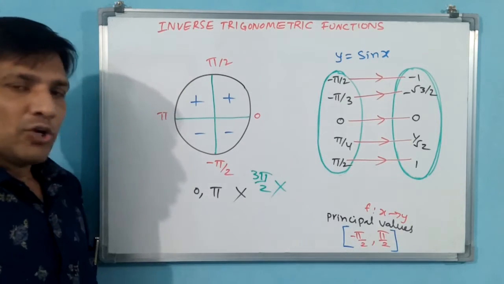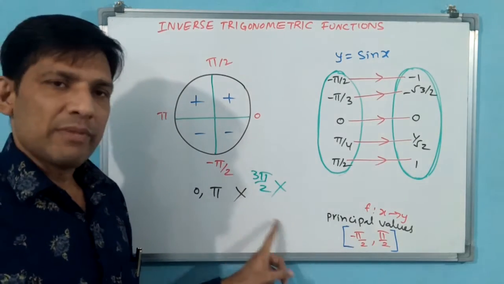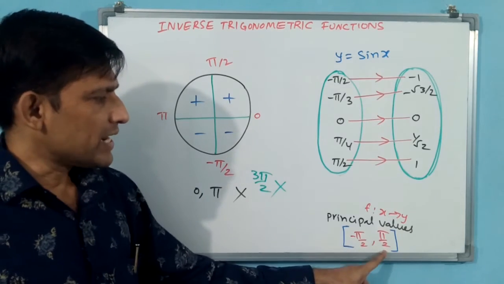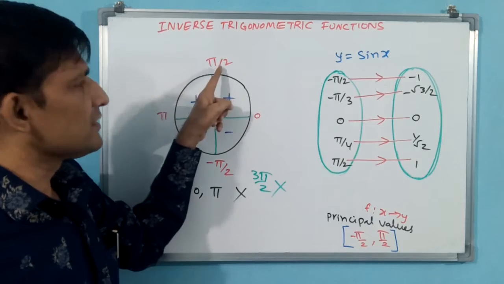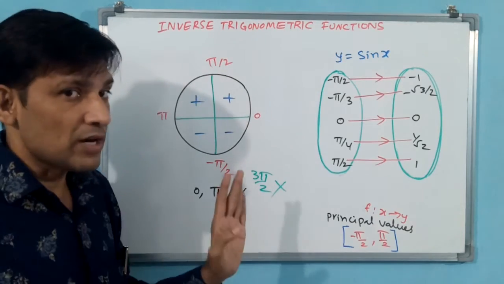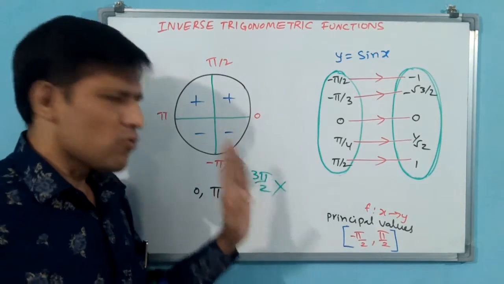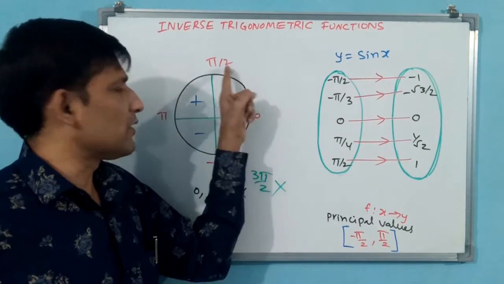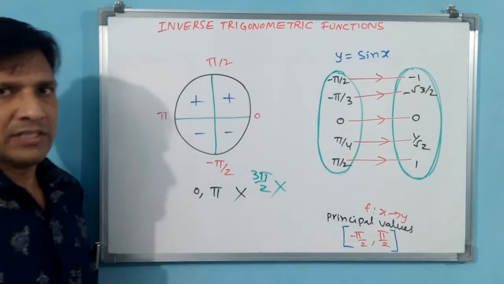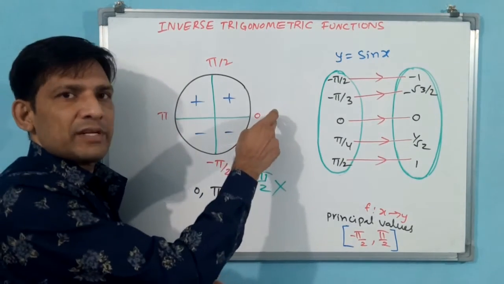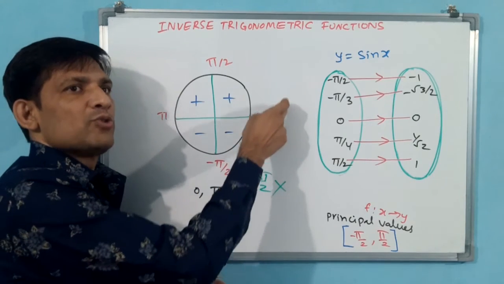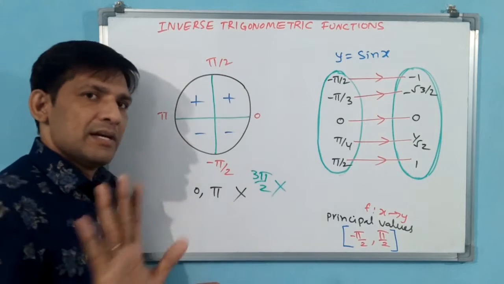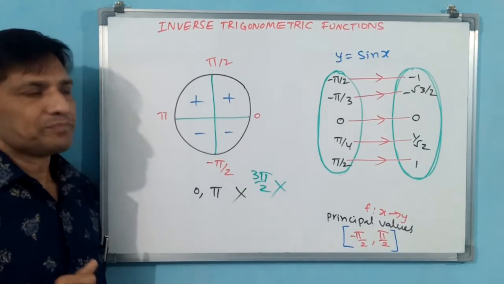That means you cannot change this as 3 pi by 2. You also cannot change pi by 2 as minus 3 pi by 2. If you go in this direction, it becomes minus 3 pi by 2, but you should not write that. You have to go from minus pi by 2 to pi by 2 only. If you take 0 as reference, you can go in the negative up to minus pi by 2 and in the positive up to plus pi by 2. That is the funda here.